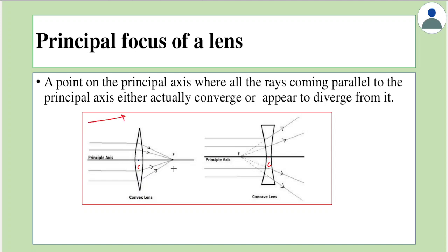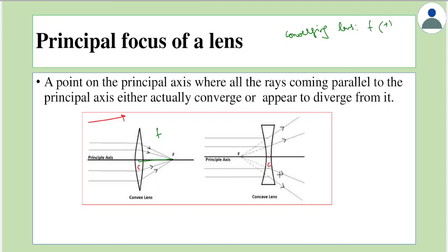By sign convention, the distance between C to F would be positive, because you're starting from the point C and going to the point F. So for a convex lens, F is positive, or more precisely for a converging lens. Just learn this. For converging lens, F is positive.